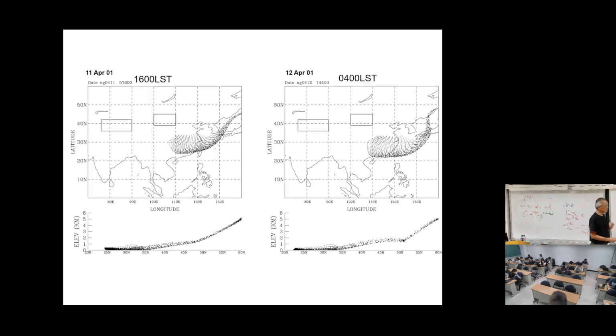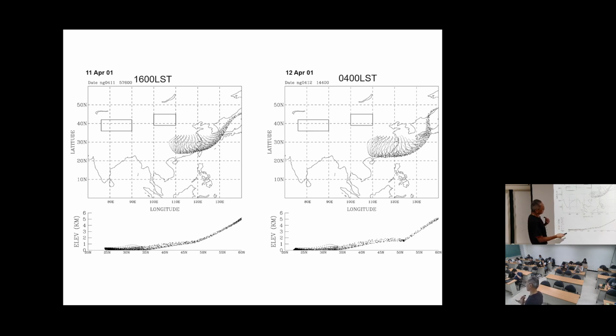In this case, you see when the pollutant touches the northern tip of Taiwan, Keelung, it is about 1600 local solar time. About 12 hours later, the pollutants will pass Hengchun.